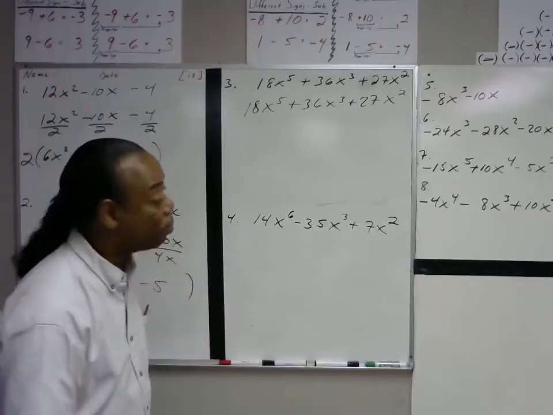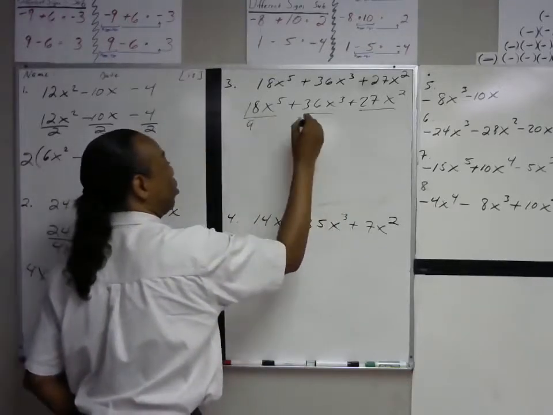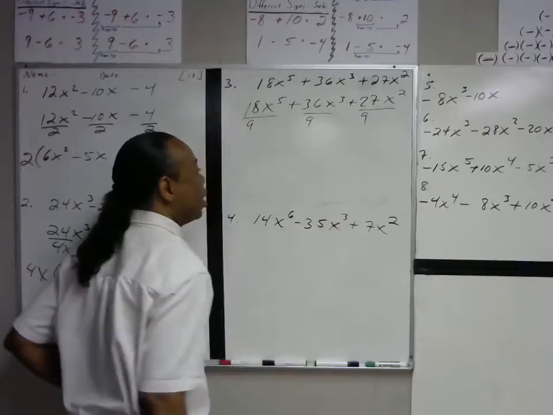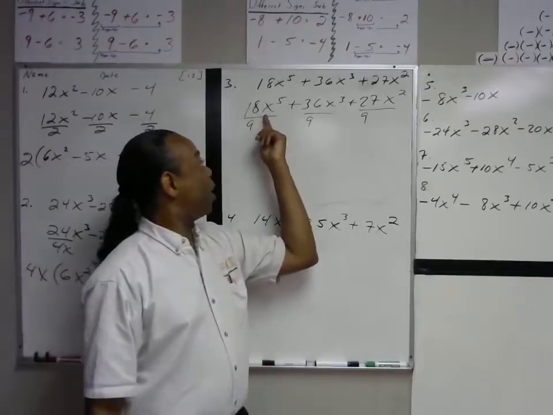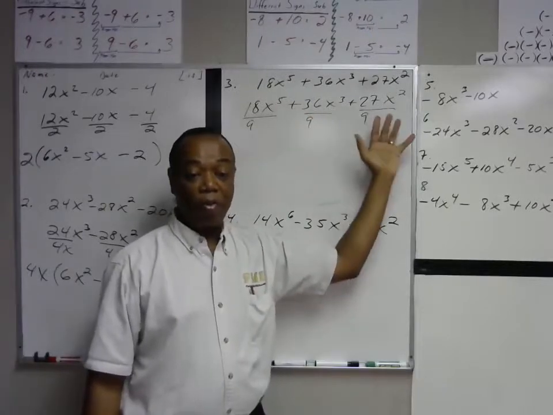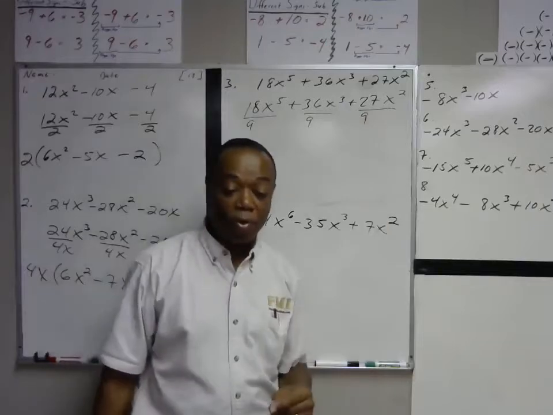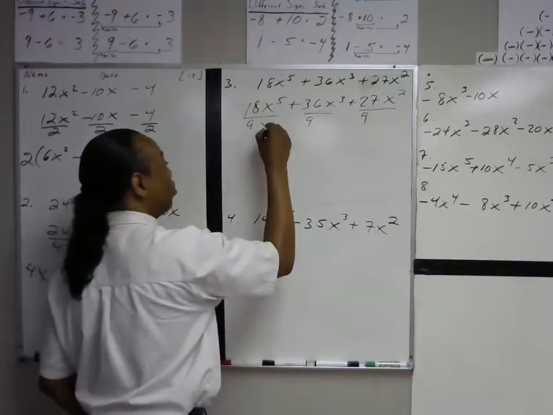So I can divide each one of those by 9. Then I have x to the 5th, x to the 3rd, and x to the 2nd. The greatest common factor of all these will be x to the 2nd. I'm going to divide every one of these by x to the 2nd as well.